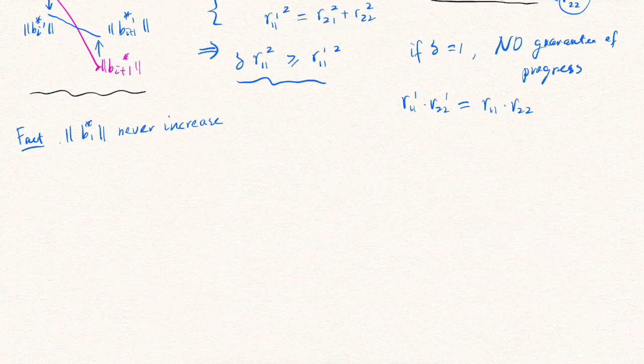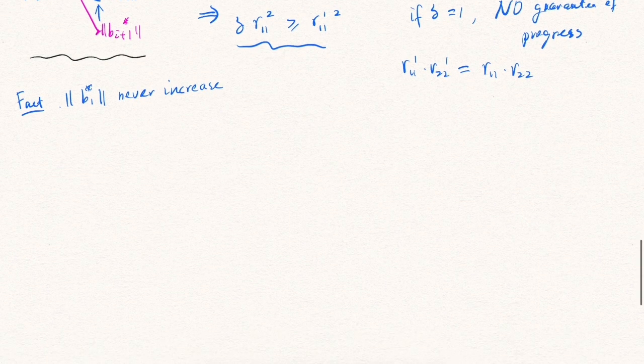It could stay the same, it could drop, but it never increases. And this is true throughout the execution of the LLL algorithm. To see why this is happening, imagine this is B1, the length of B1. For simplicity, I won't draw the norm, but we know it's talking about the norm. So this is the norm of B1.